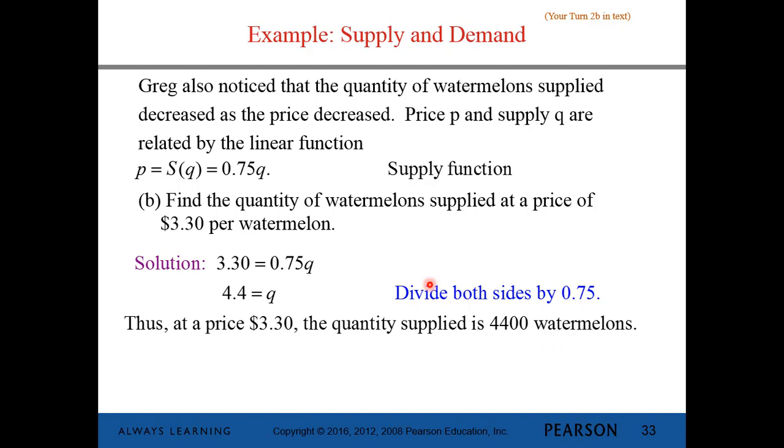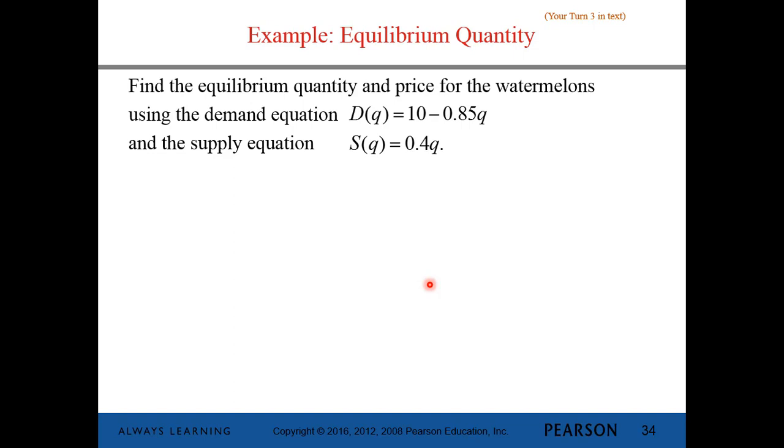Well, based on the demand curve, at $3.30, people are going to want 7,600 watermelons. And the supply curve says we should only be supplying 4,400 watermelons. So what's going on here? Now what that means is there's something called a shortage and a surplus.